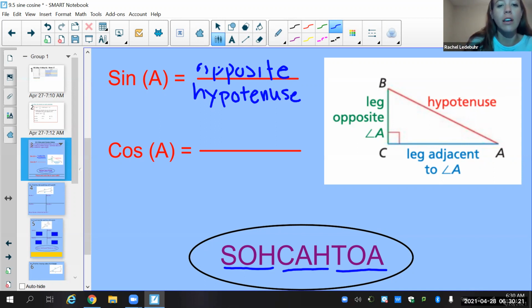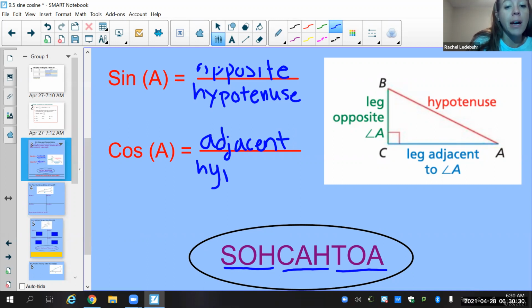A is adjacent, so the cosine is adjacent over the hypotenuse. Okay, so if I'm looking at the cosine of A, the leg right next to it, adjacent, is here over the hypotenuse. I suggest that you pause your video and write all of this down. So SOHCAHTOA, what the ratios sine and cosine are, and the diagram. Ready, go.